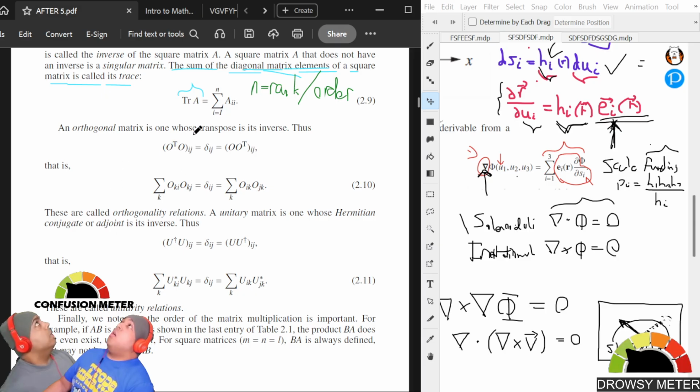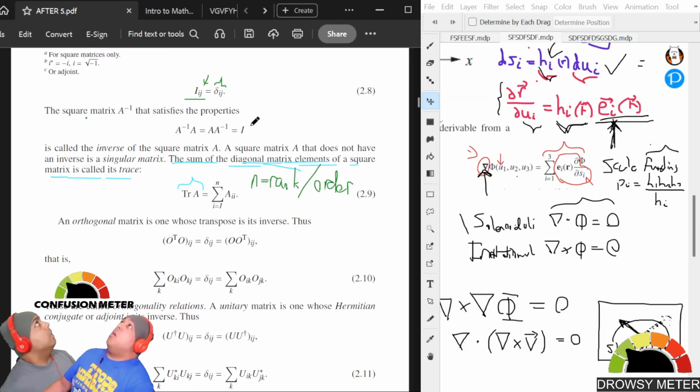An orthogonal matrix is one whose transpose is its inverse. Thus, okay, for an inverse, the inverse is the same as the Kronecker delta, delta_ij, right? So this is just dealing with one element.